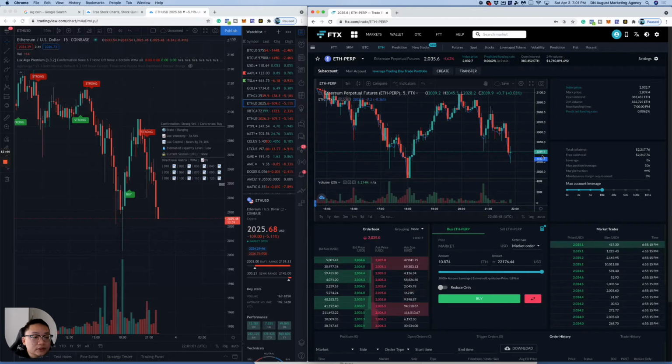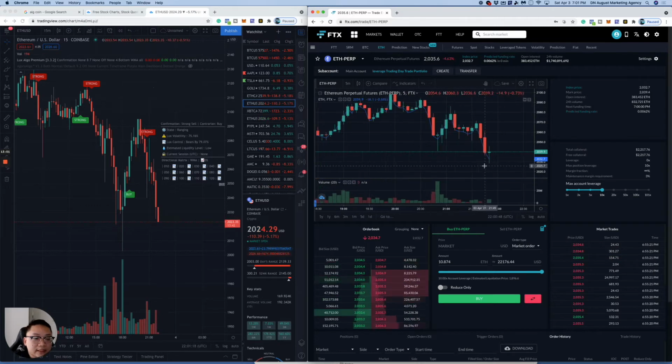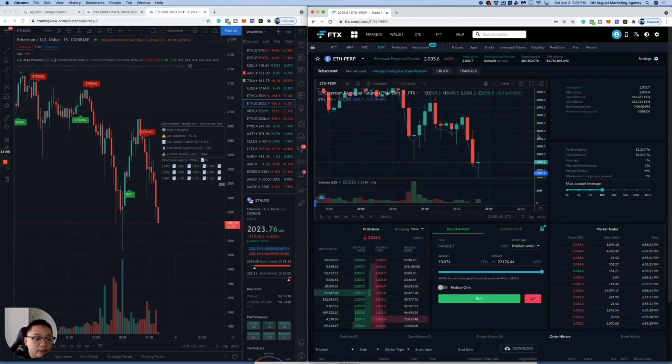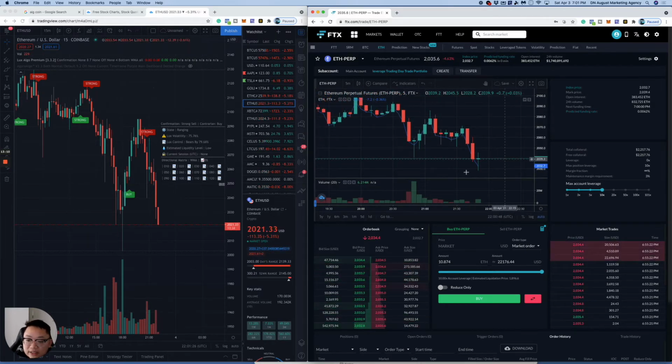Okay. So unfortunately on FTX we're still at that 2039 market price, right? So I want it to be in line with this. So it takes time to catch up on FTX and other exchanges. Every exchange has a little bit of markup in reaction time, right?